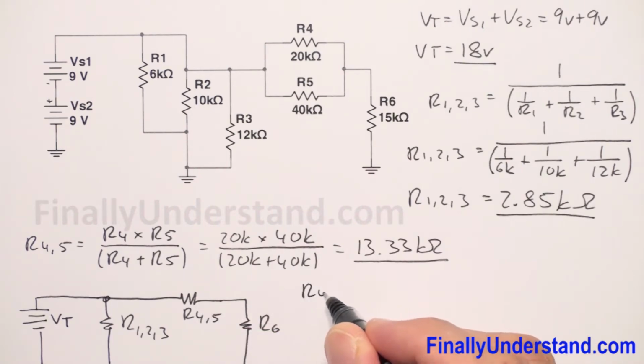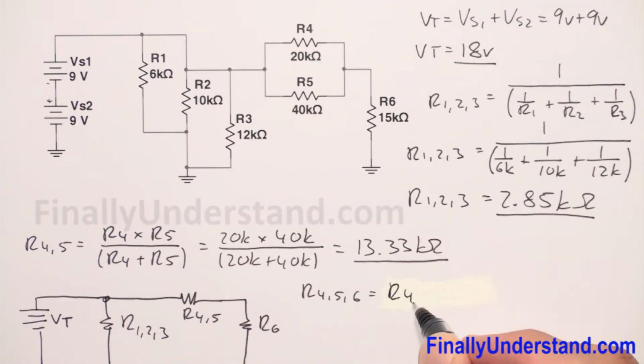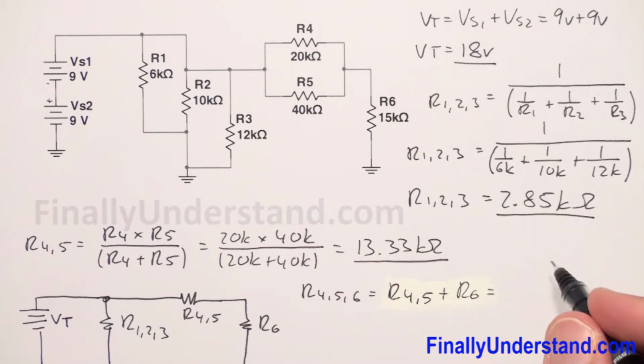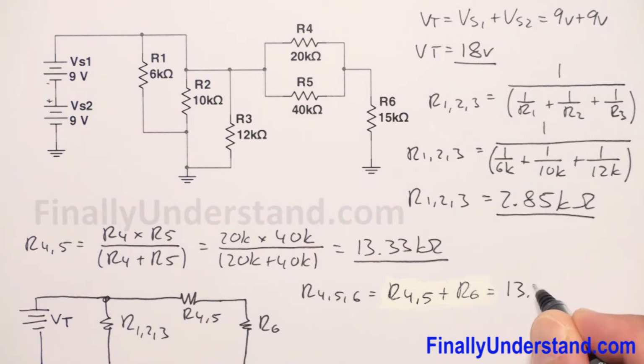So R4,5,6 is equal to R4,5 plus R6, where R4,5 we found is equal to 13.33K plus R6, which is equal to 15K.